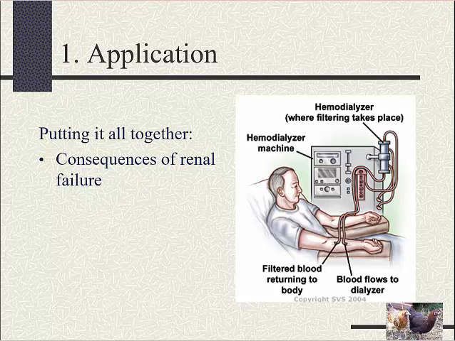And I'm saying it's trying to filter the blood because it cannot do the same good job as a functioning excretory system. Plus, it is very draining and exhausting to be hooked up to the machine, sometimes several times a week for several hours. So let's thank our kidneys today for working.